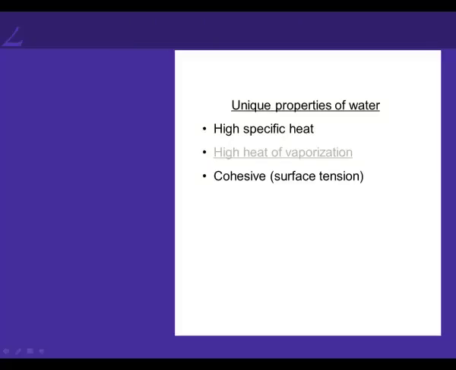Another very important property of water is that it has a very high cohesive quality, meaning that water molecules stick together. This is really important for helping see that water gets transported all the way up to the tops of tall trees, and it also provides the water surface tension that you've seen on the surfaces of lakes and ponds, which is very important to certain organisms.